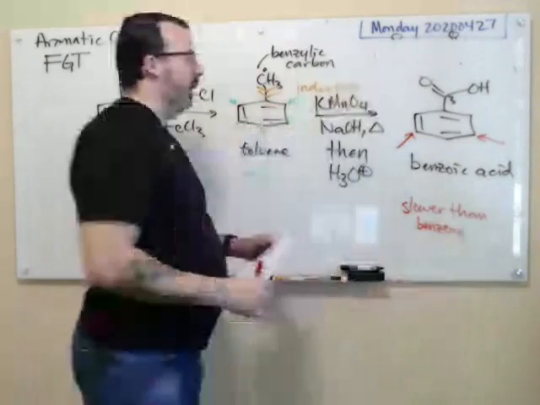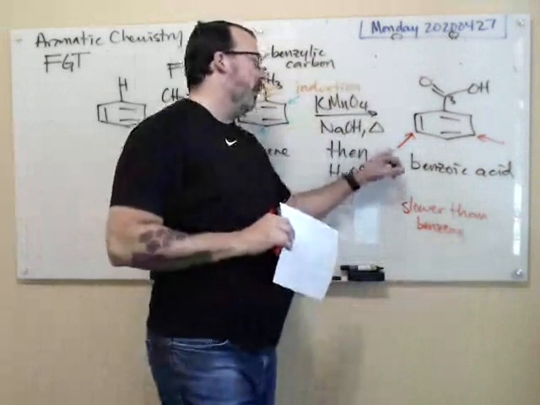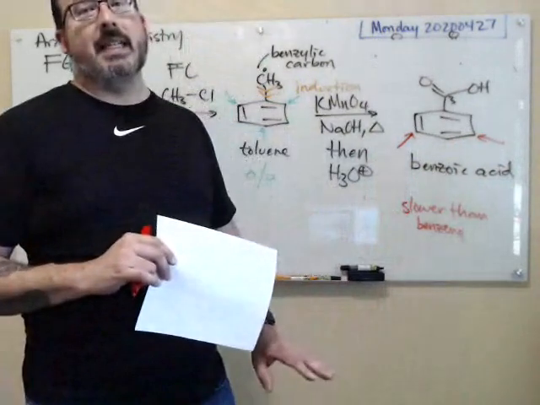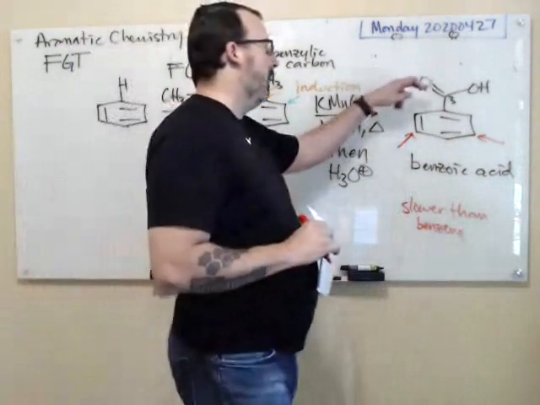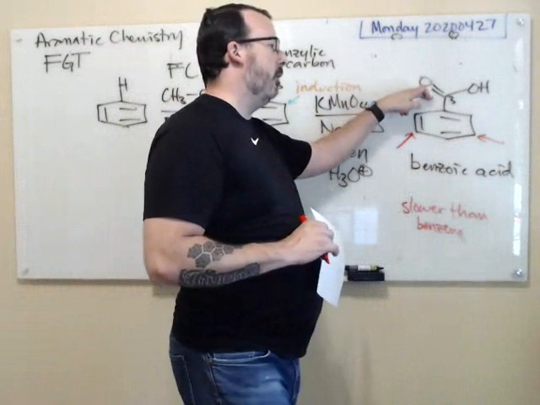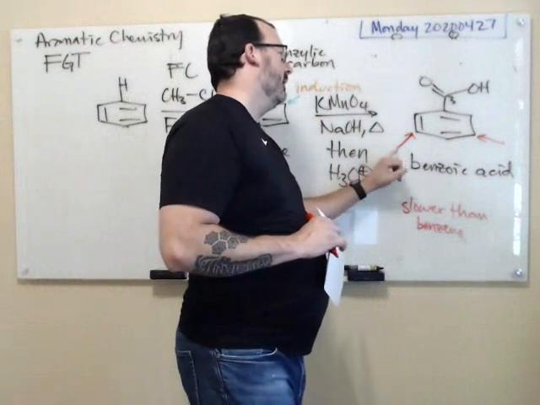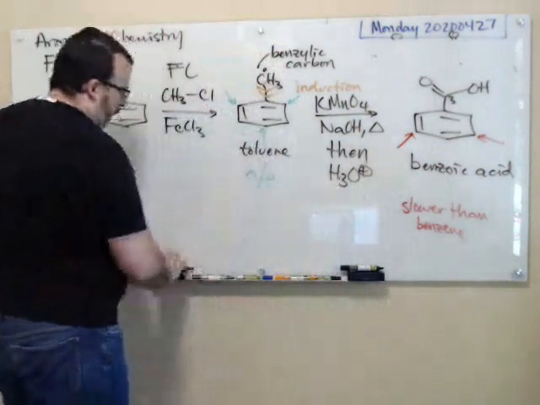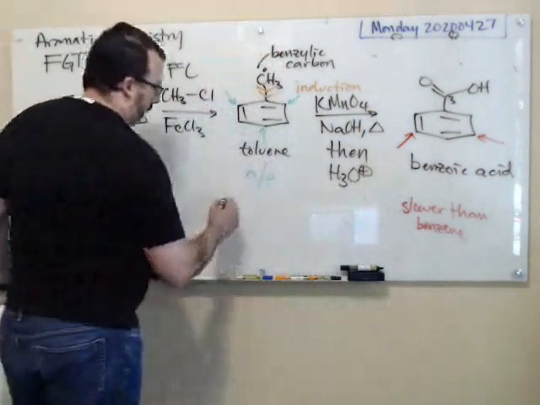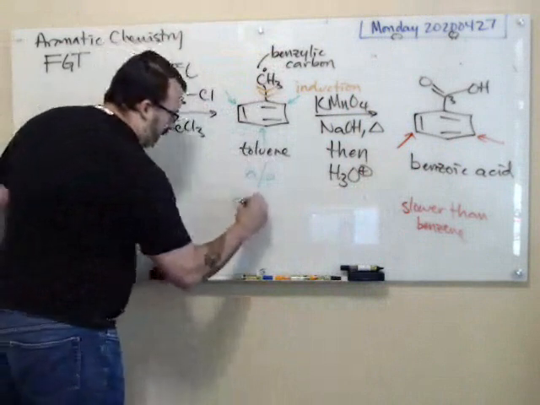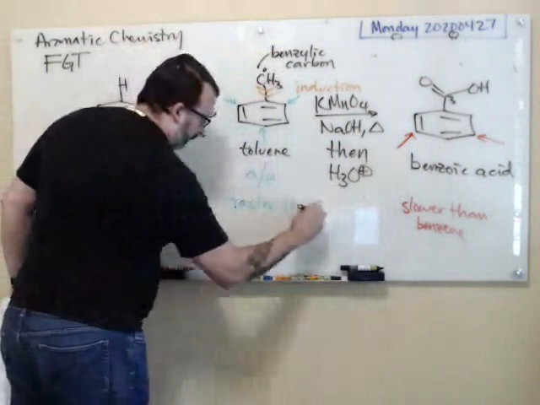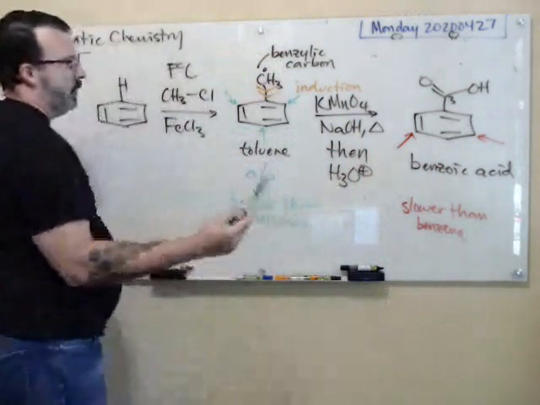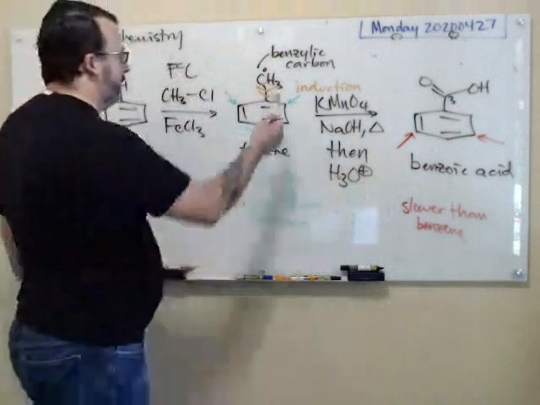And just to clarify, I'm showing these arrows in red to note that they react slower than benzene itself. So electron withdrawing groups react slower than benzene, and they direct towards the meta position. The electron donating groups, either through resonance or induction, react faster than benzene, so I've shown them in green in their ortho-para.